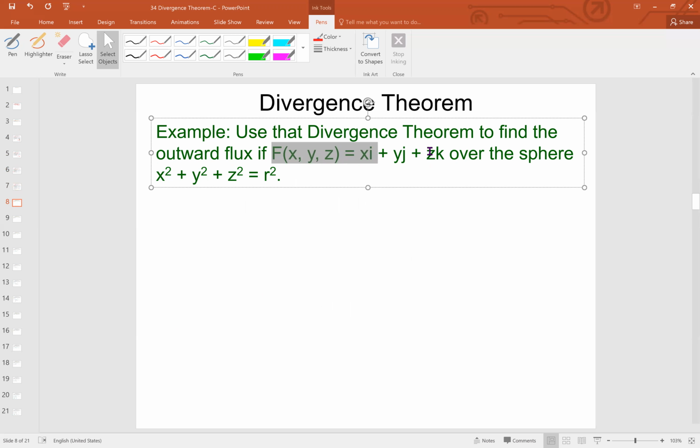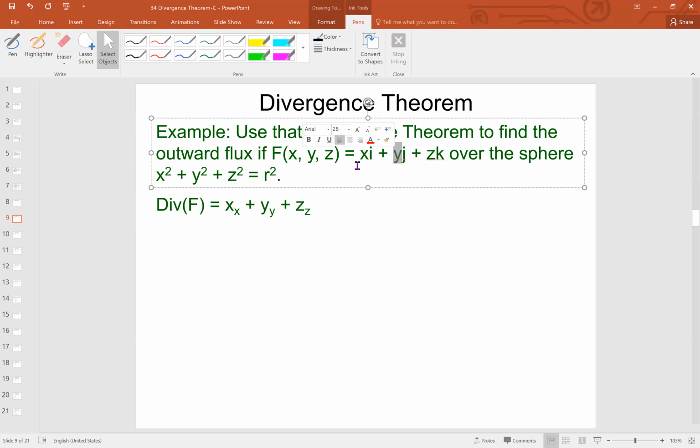Here is the flow vector field representing the flow, and this is the surface of the sphere. We want to compute the outward flow, the flux, if you like. For the divergence, I take the x component with respect to x, the j component y with respect to y, and the k component z with respect to z. So I get 1 plus 1 plus 1, that's 3.